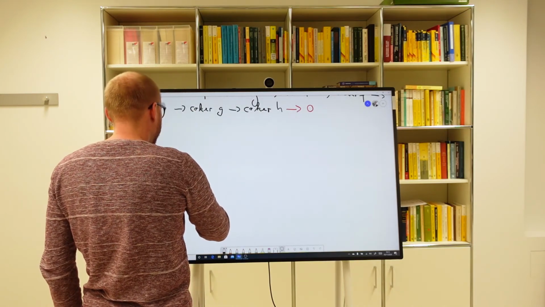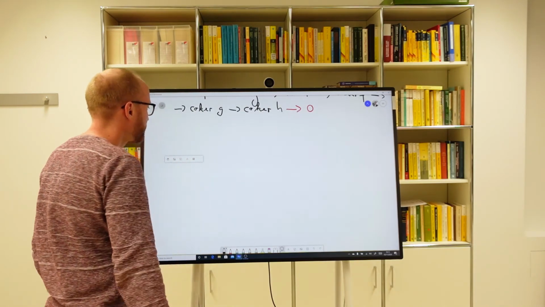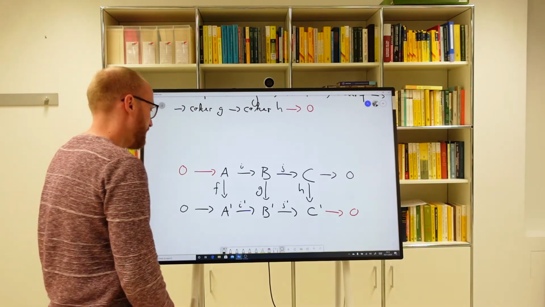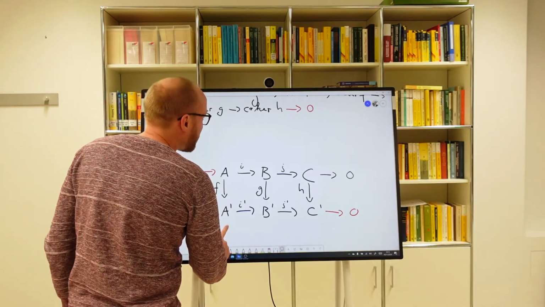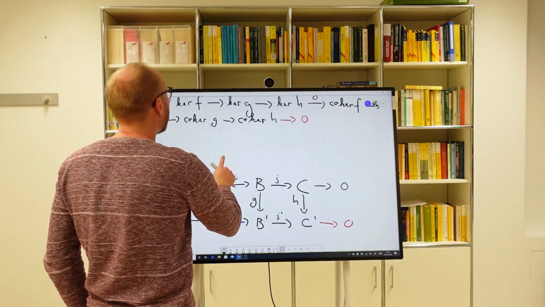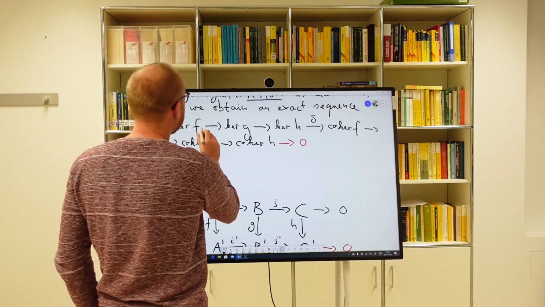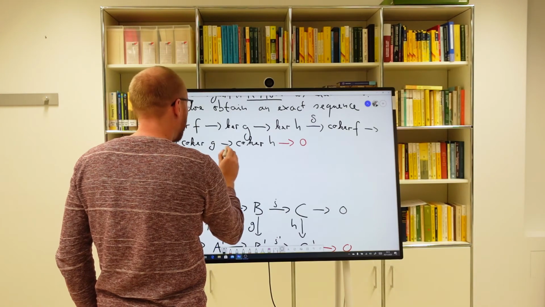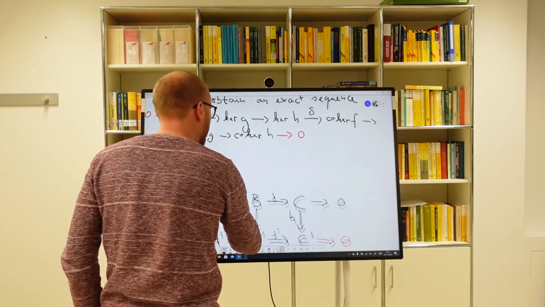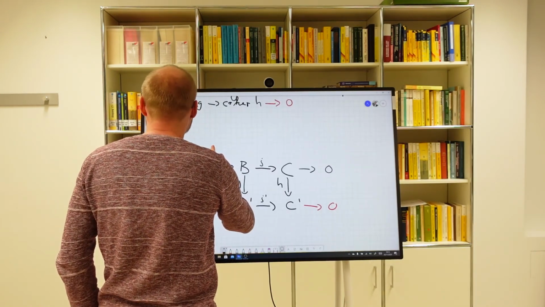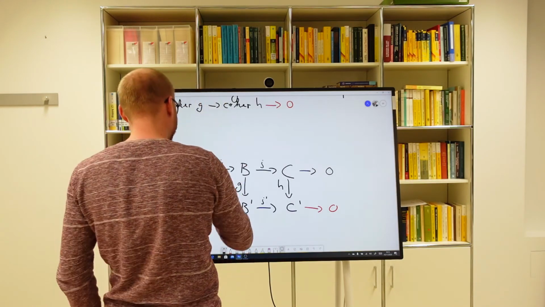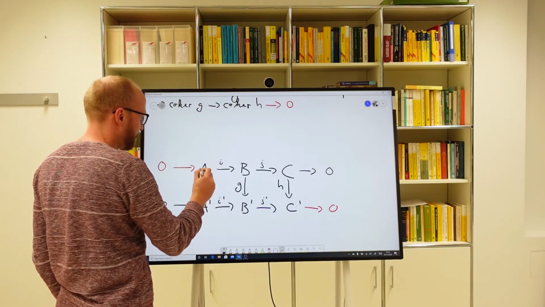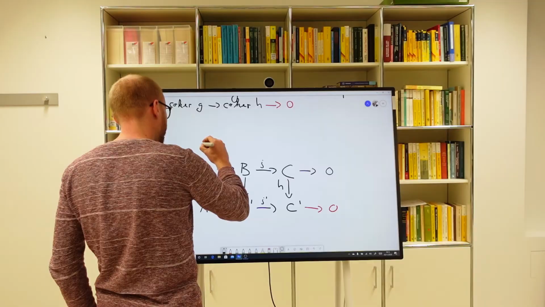So maybe here, paste. Okay, so I can now already explain some of the morphisms appearing in this exact sequence, namely the first two and the last two. And so where do they come from? Well, I can just extend this diagram, namely the kernel of F, that's a submodule of A here, of course, so I can include this here.